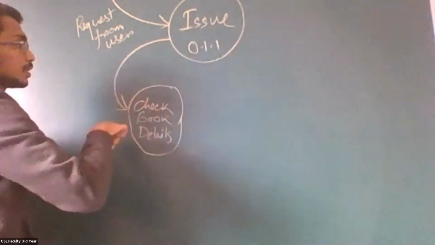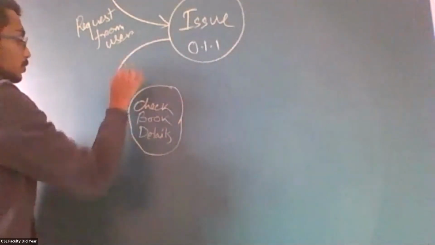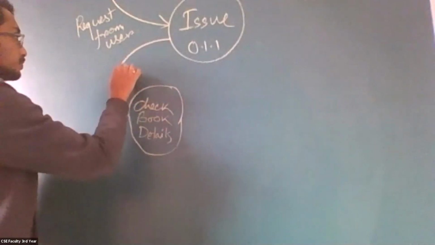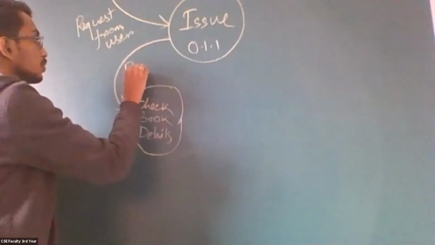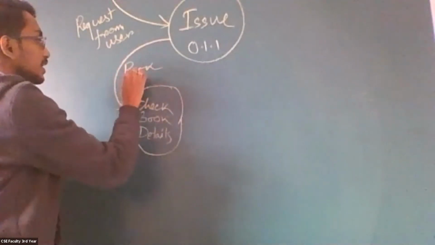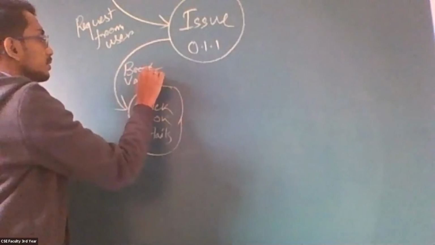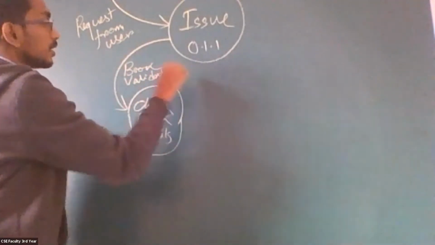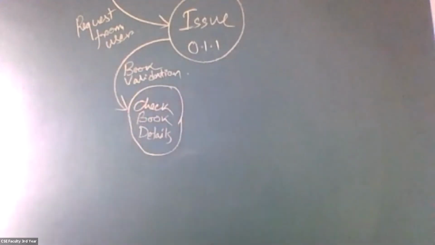Now we are issuing a book. Before doing the issue, we have to check the book is available or not. Check the book details. So book validation, a data flow will be there, right?